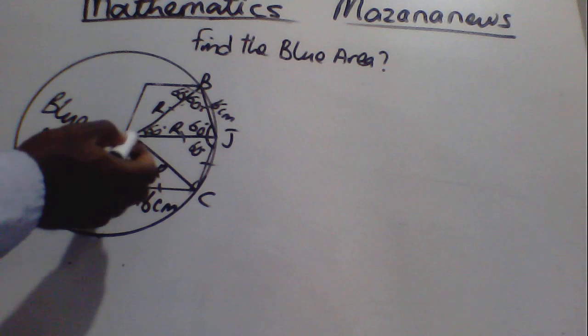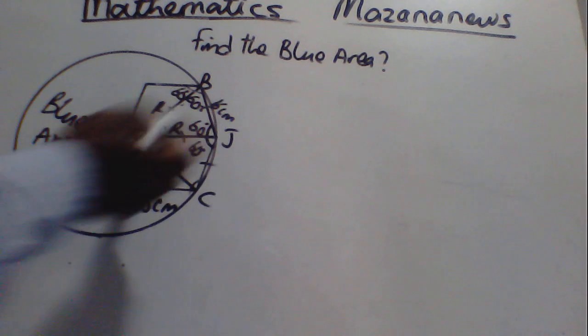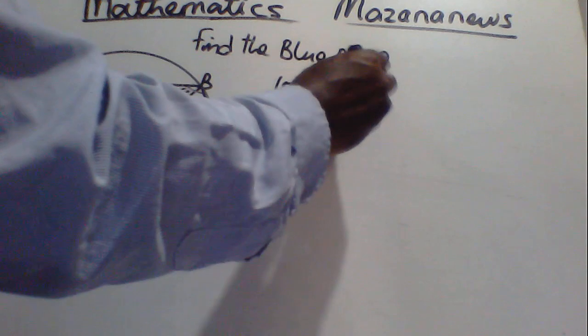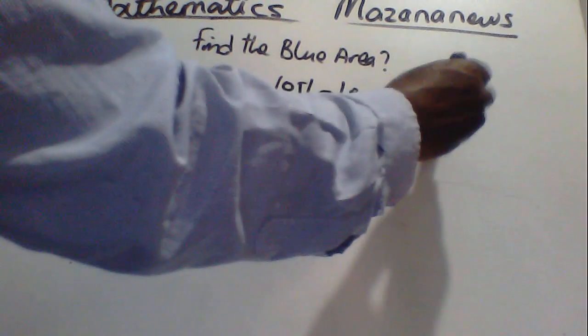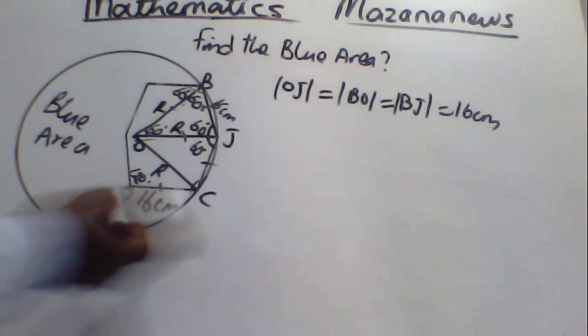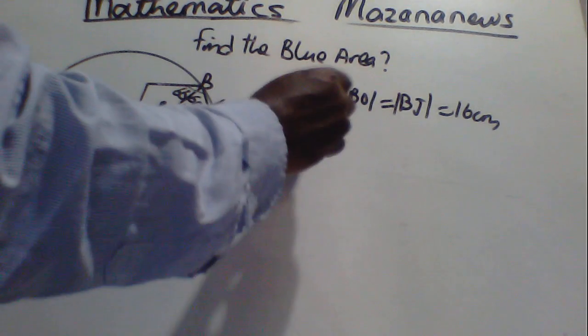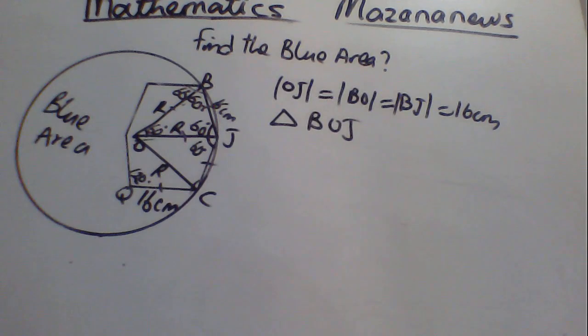That's why this side, opposite side of the hexagon, gives us 16 cm as the side of the hexagon for the triangle BOJ. I don't know if you understand.